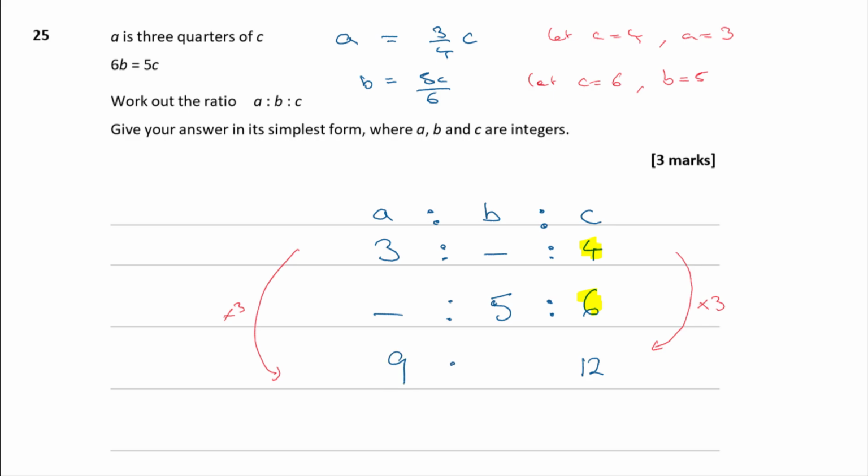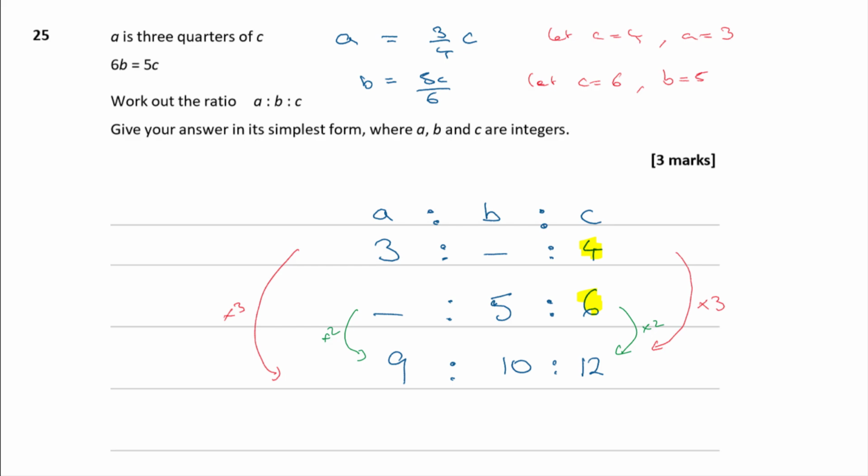But I can also do it with the second ratio. If I take the second ratio and times it up by 2, then my ratio of B to C of 5 to 6 is the same thing as the ratio of 10 to 12. So that means I can fit a 10 in there. And that means that A, B and C must be in the ratio of 9 to 10 to 12.